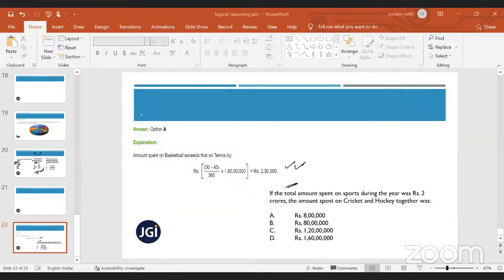Only in degrees, tell me. 81 plus 63 degrees, 144 degrees, right? 144 by 360 into 2 crores. So just solve it, you will get the answer. We can solve questions in degrees also. Instead of 100, we will take 360 in the denominator.